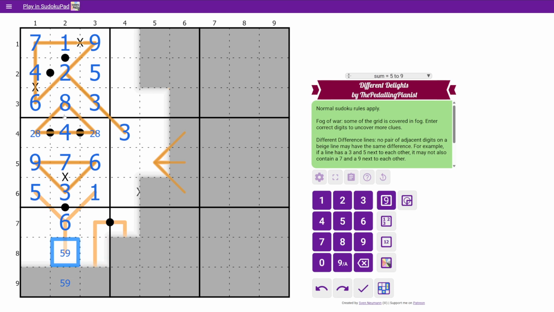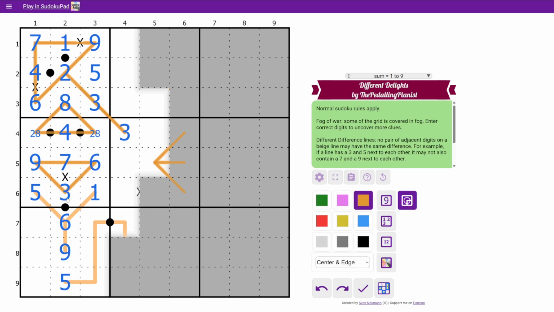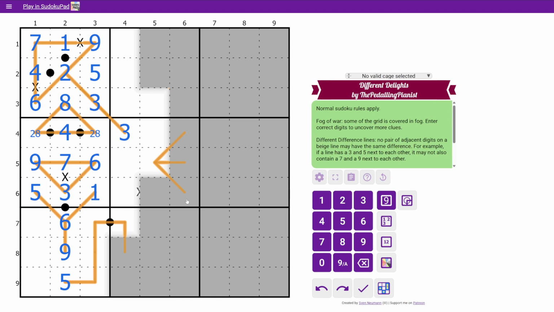We've already had a difference of 1, so that must be a 9. There's an X there. A hidden little 10 revealing itself.